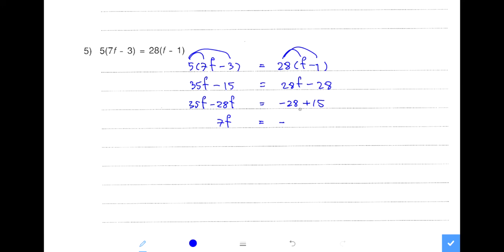So -28 plus 15 is -13. So f is the fraction -13 over 7, right? So change to the mixed number. That is -1 and 6 over 7. That's your answer. Finished now.